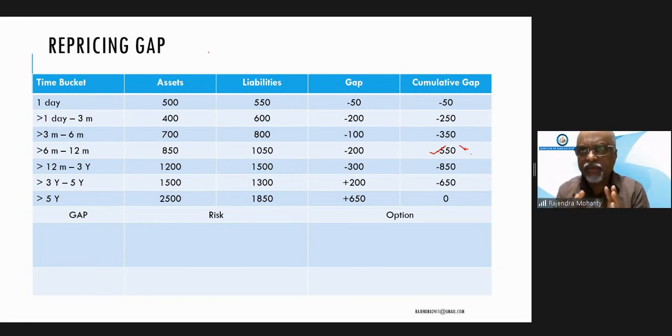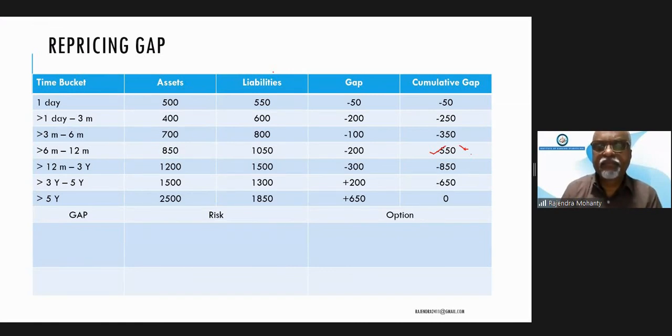what should the bank be doing to protect its NII? What can the bank do when RSA is greater than RSL and the rate of interest falls, when our NII is going to fall? So what can the bank do?